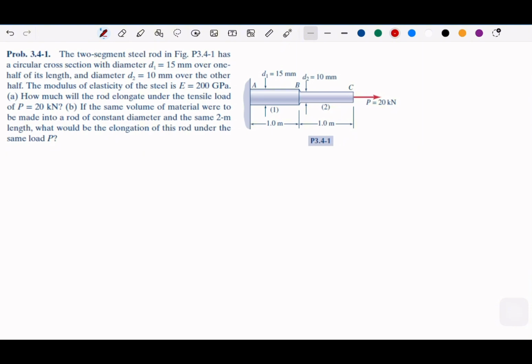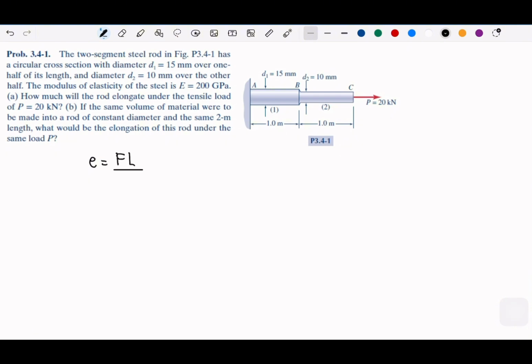So I think we can start by taking the first question. Basically, when we solve the elongation problem, we start with this formulation.